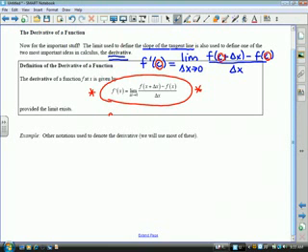Remember, though, that in working problems, which we will do tomorrow, even though delta x makes the theory make more sense, sometimes we'll use h instead of delta x to make the algebra a lot easier. And you remember, that's what we did in pre-calc.